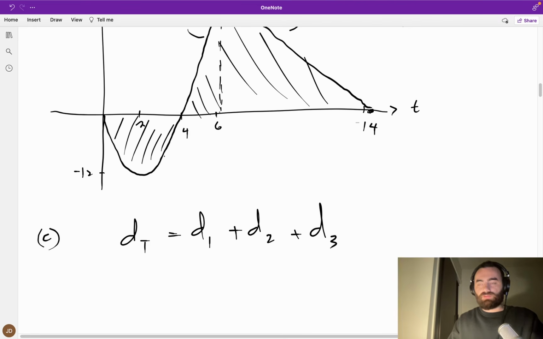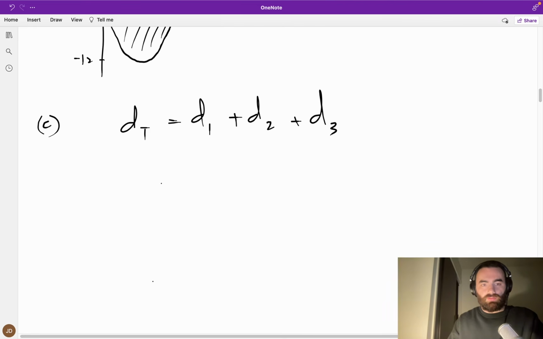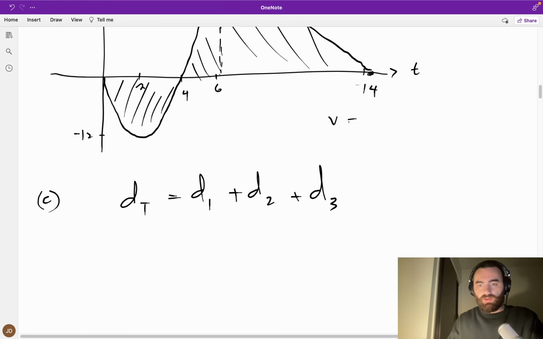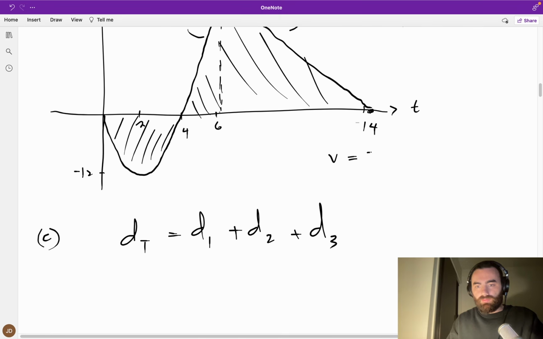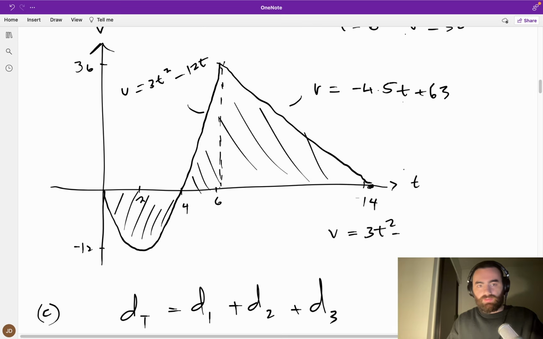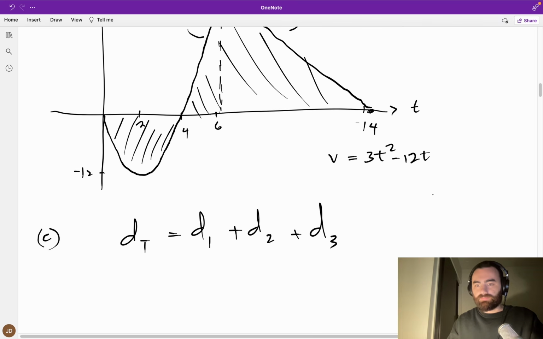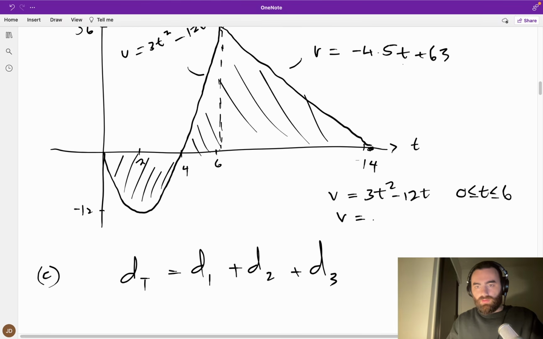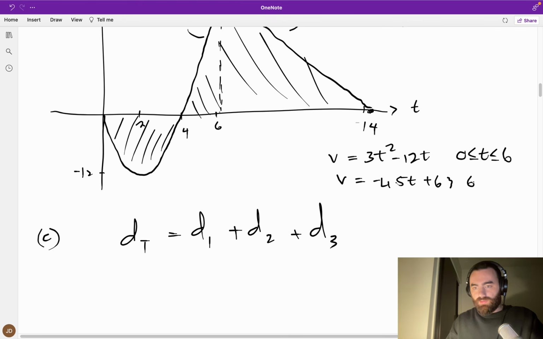And we can find these through the displacement. So let's just rewrite our thing: velocity equals 3t squared minus 12t for this part, and v equals minus 4.5t plus 63 between 6 and 14.